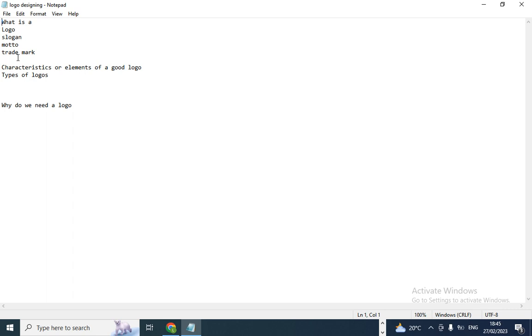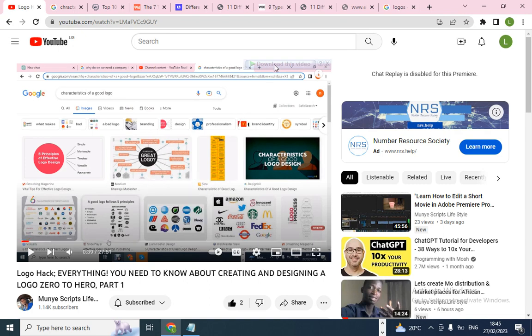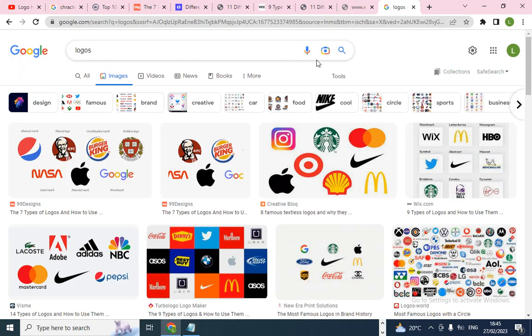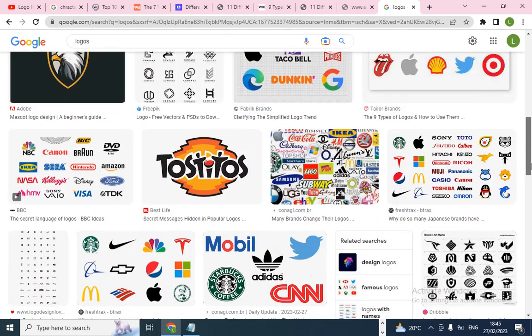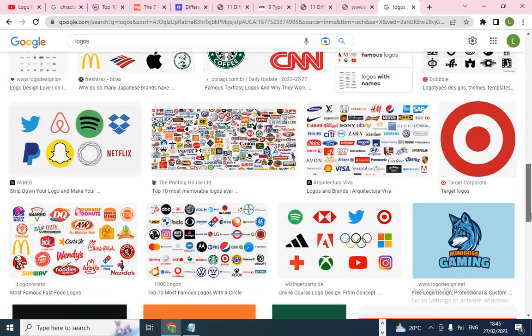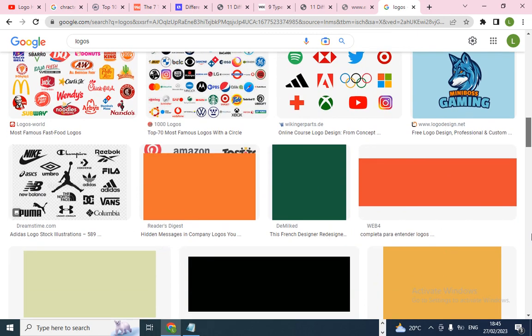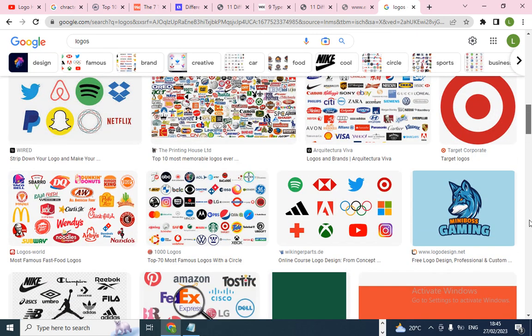Now, in this one, we are going to be looking at the elements or characteristics of a good logo. So why would we call a logo good? Okay, so that is what we are going to be basically looking at. Are you seeing the number of logos here? We have the Apple logo, Coca-Cola logo, Adidas, and a lot of companies are being represented here.